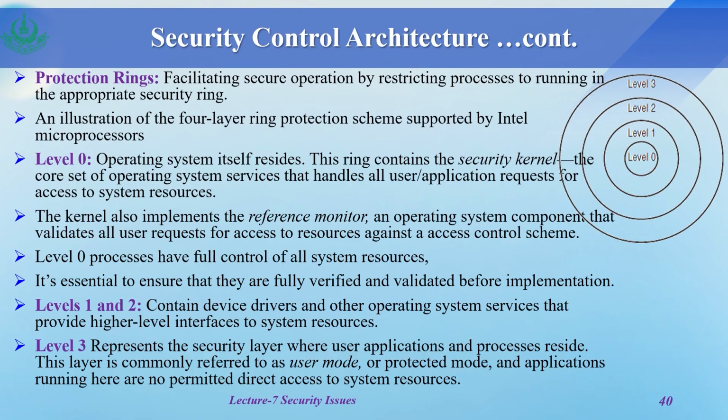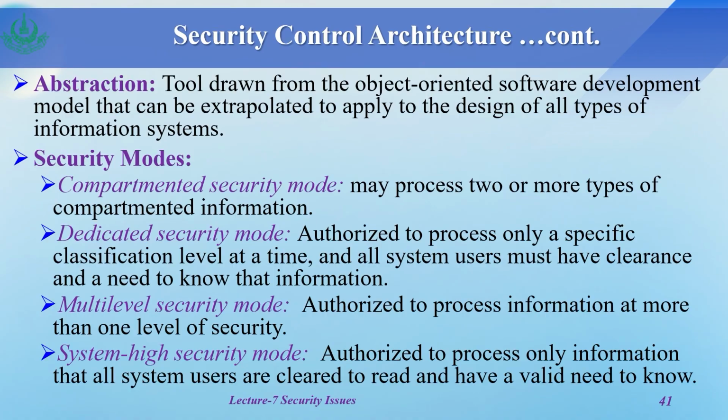This layer is commonly referred to as user mode, user level, or protected mode, and applications running here are not permitted direct access to operating system resources. Abstraction is a tool drawn from the object-oriented software development model that can be extrapolated to apply to the design of all types of information systems.